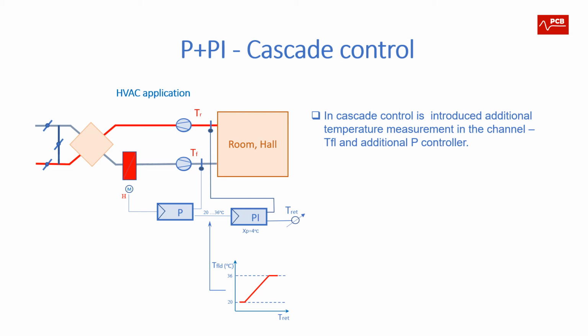This P controller has a very low proportional band, and so the error is very low. Its input is the output from the PI controller, which is accurate. And this small error, which is caused by the P controller, is eliminated by the PI controller.